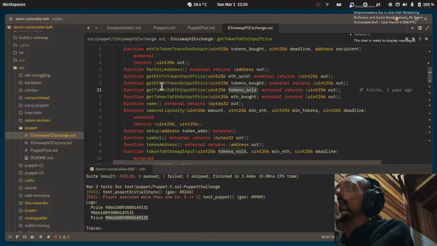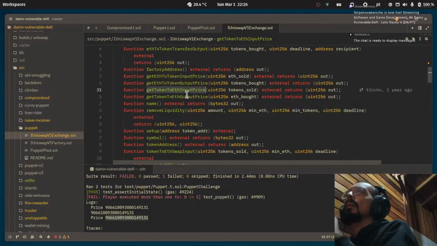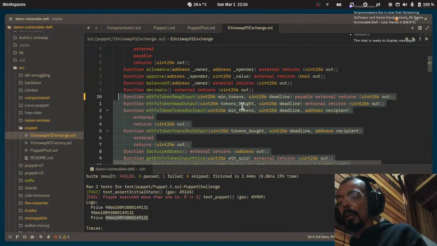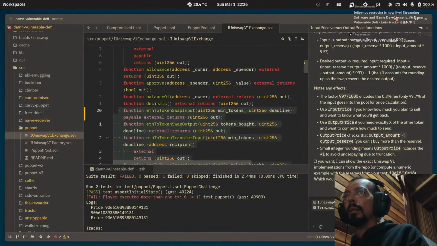Man, it's so confusing. Get Ethereum, why do they call token sold? Why are these names so confusing to know how that's gonna be used? Also missing payable in some.